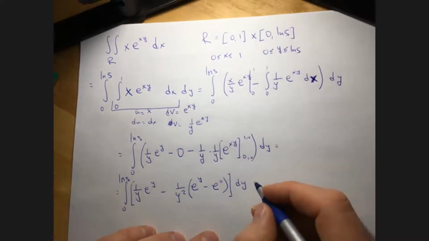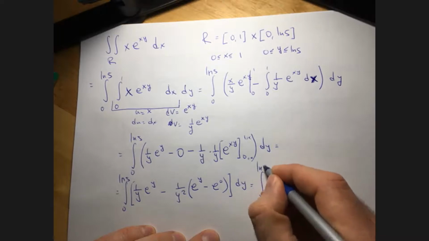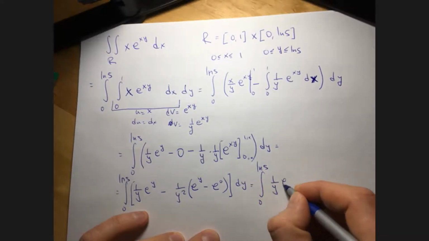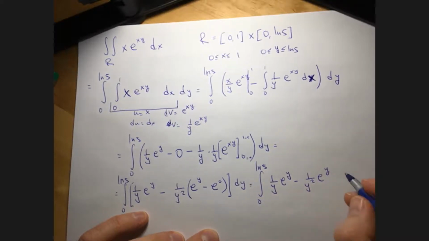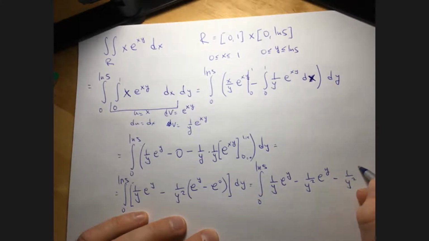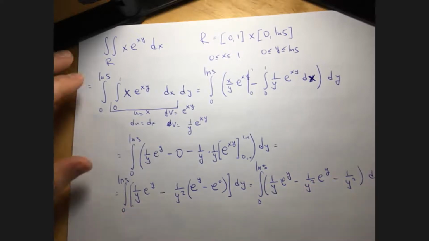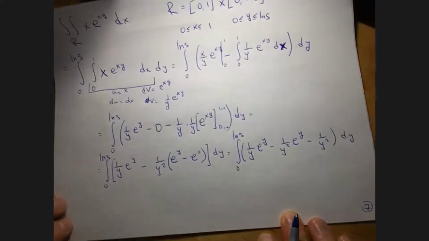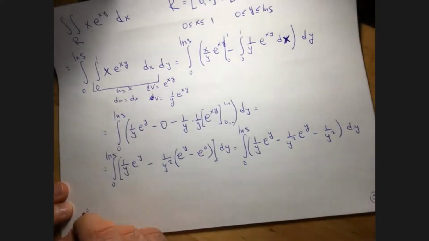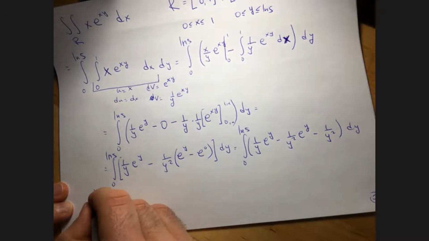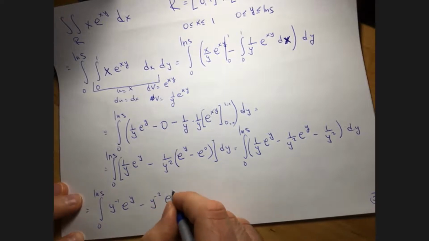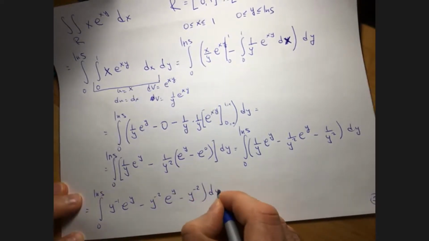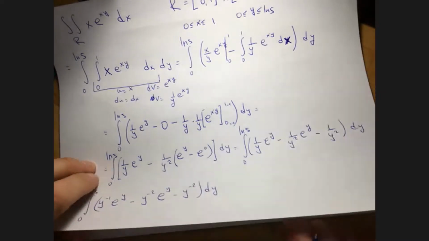Okay, so that's equal to the integral from 0 to ln of 5 of 1 over y e to the power y minus 1 over y squared e to the power y minus 1 over y squared, because e to the power 0 is 1, dy. Which is equal to the integral from 0 to ln of 5 of y to the power negative 1 e to the power y minus y to the power negative 2 e to the power y minus y to the power negative 2 dy.